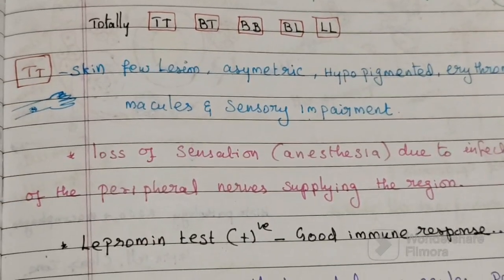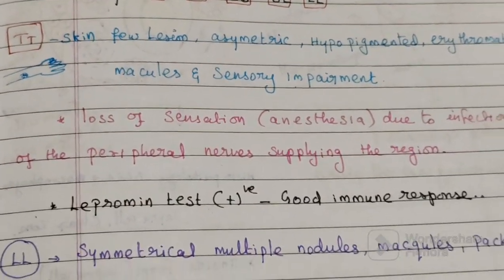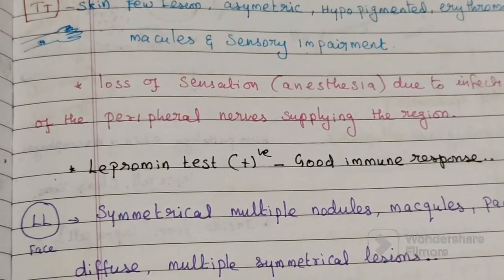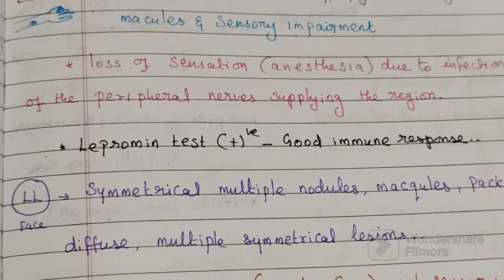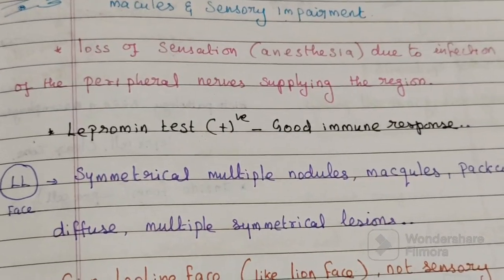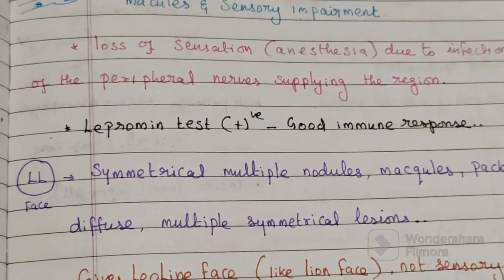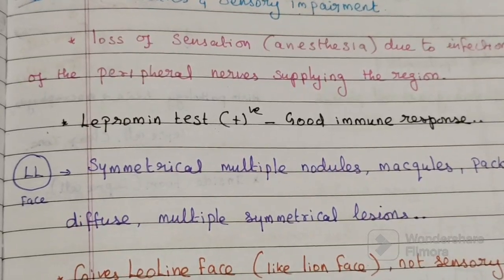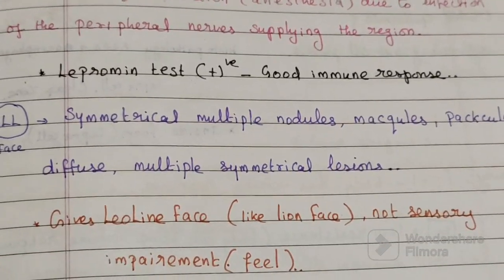In lepromatous leprosy, there are symmetrical, multiple nodules, macules, and papules, with diffuse, multiple symmetrical lesions. It gives a lion face, a face that looks like a lion.